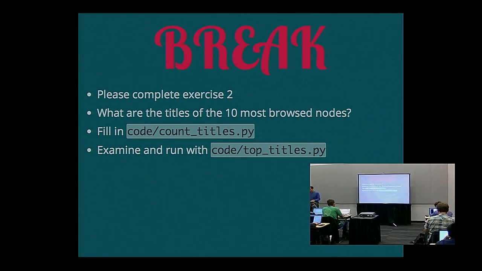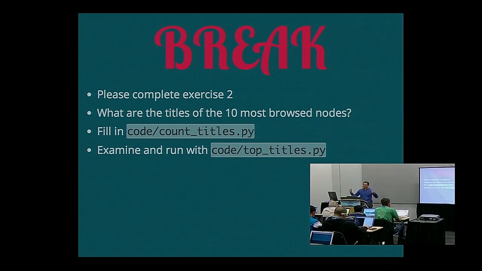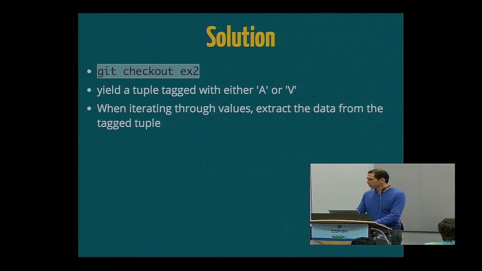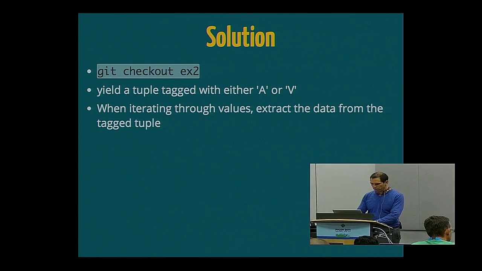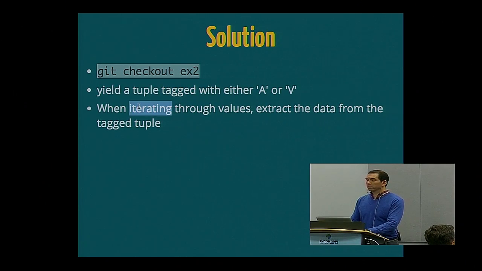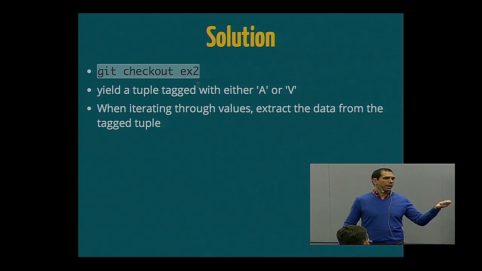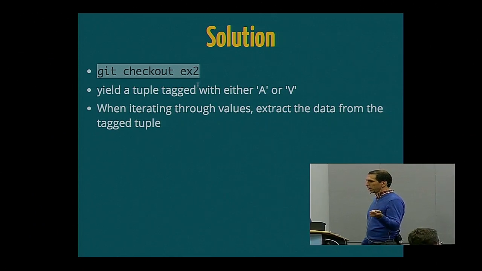All right. So we're going to jump into the solution. If you don't want to know, you could plug your ears. Again, we can check out X2 to look at the solution. At a high level, there's a number of different ways to do this exercise. What I've done is tag our values with an A or V, depending on whether it's an attribute or a visit.